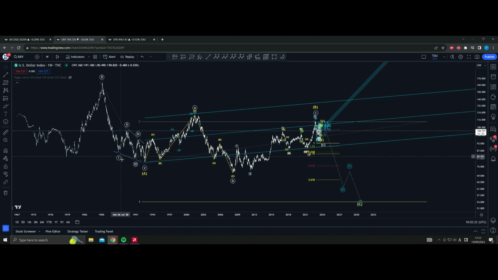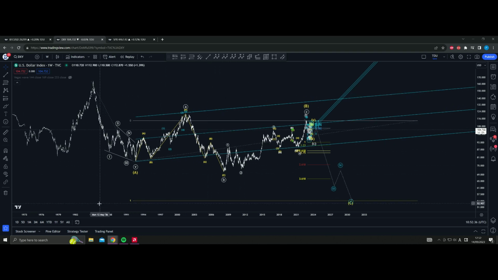I mean, you can work it out so that this whole thing can be a corrective and we just have a flat, but this could be the only issue in the whole count that I made since the 85 up until today.